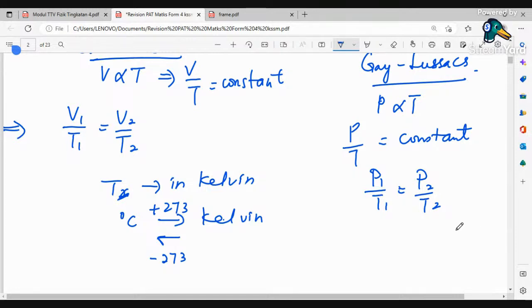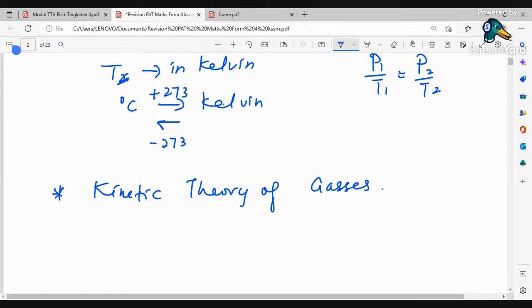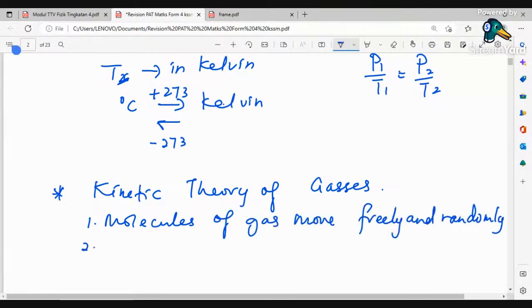Okay, and then very important also for gas law is the kinetic theory of gases. So you must know the assumptions. Normally, molecules of gas move freely and randomly. Ini you dah belajar lah lower form kan.